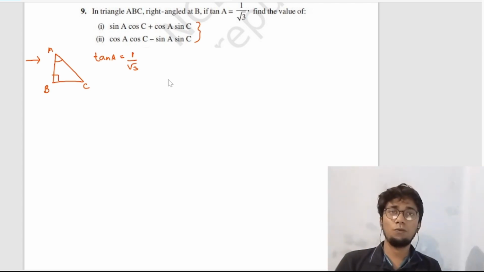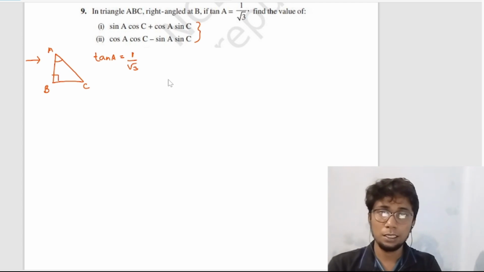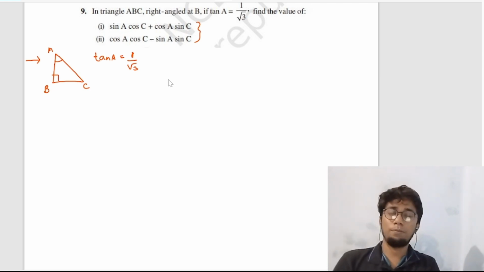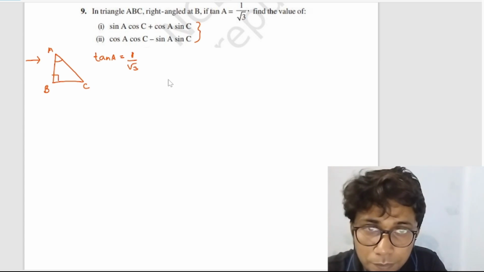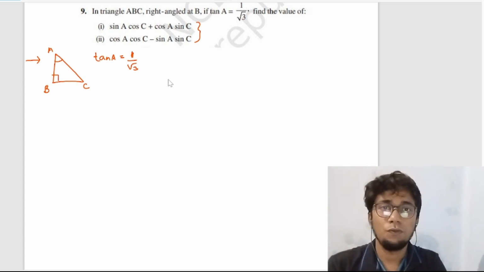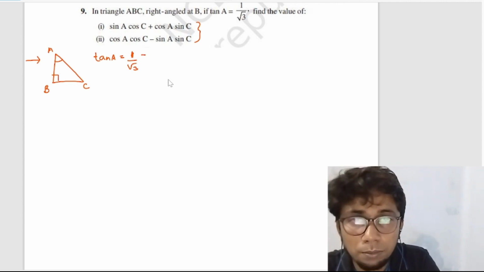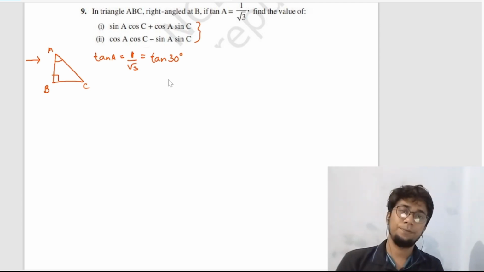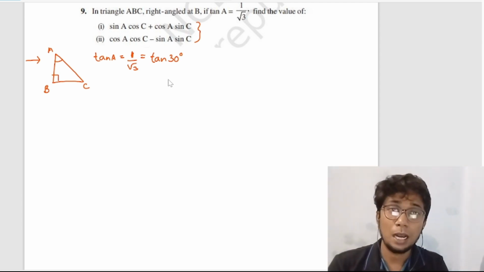Can you tell me for what value of angle A the tan A is 1 upon root 3? Do you remember? We studied it in trigonometric ratios for particular angles or specific angles. Well, this is nothing but tan of 30 degrees. Alright, how?